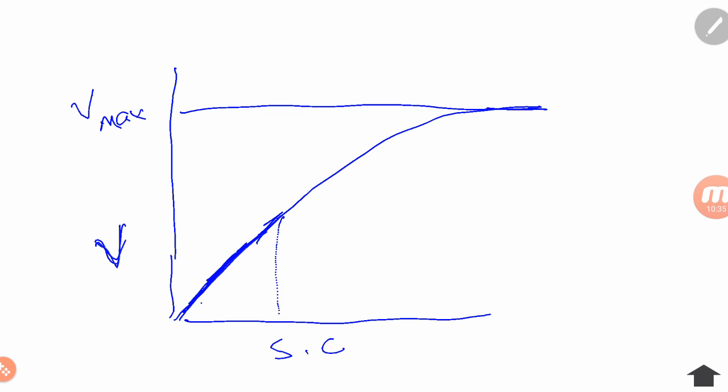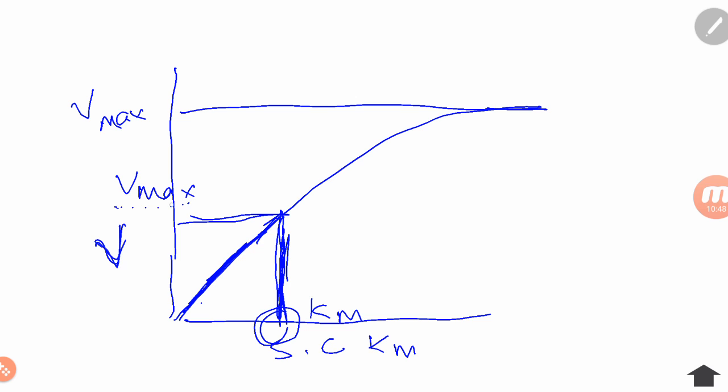This point is called the Km point, where it strikes half of the Vmax. Km means it's almost proportional: the substrate concentration is directly proportional to the velocity. At that point it is called Km.